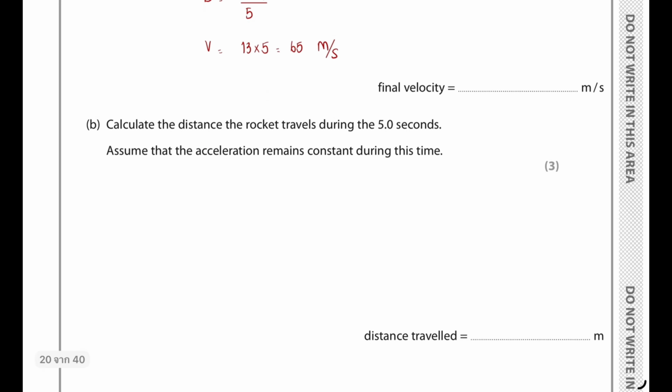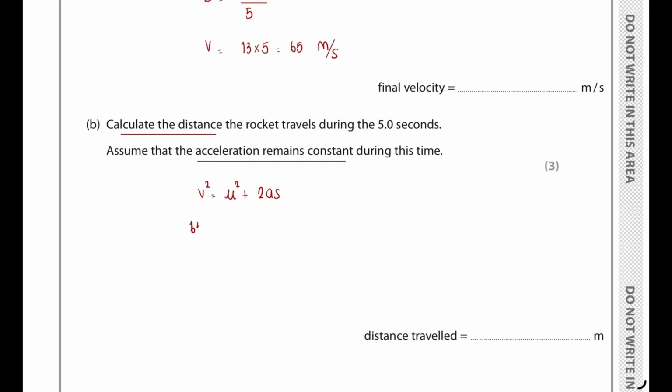Question B. Calculate the distance the rocket traveled during the 5 seconds. Assume that the acceleration remains constant during this time. So we have v squared equals u squared plus 2as.